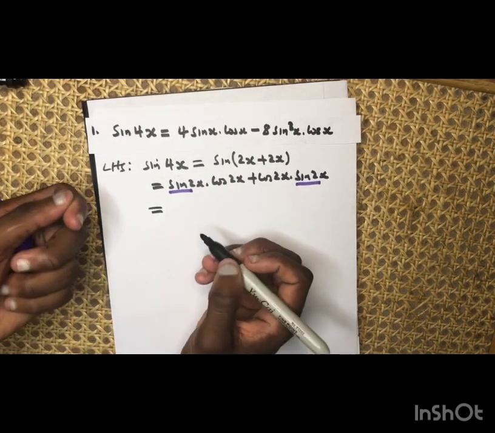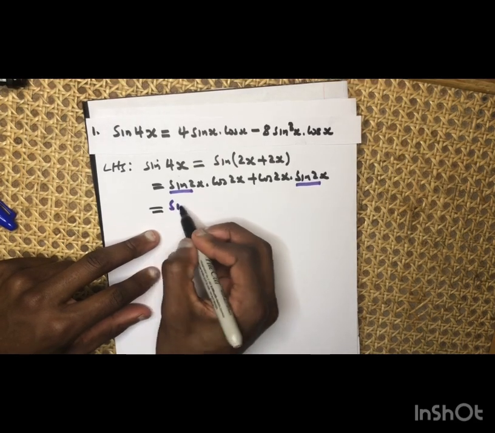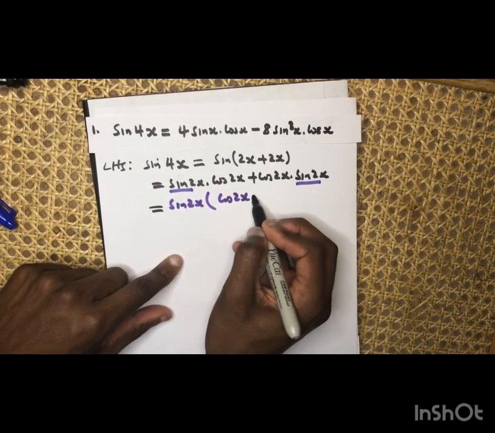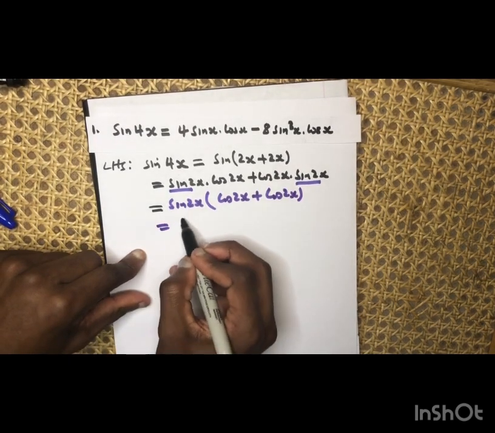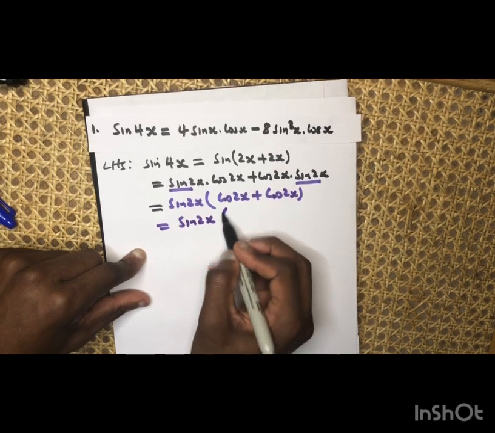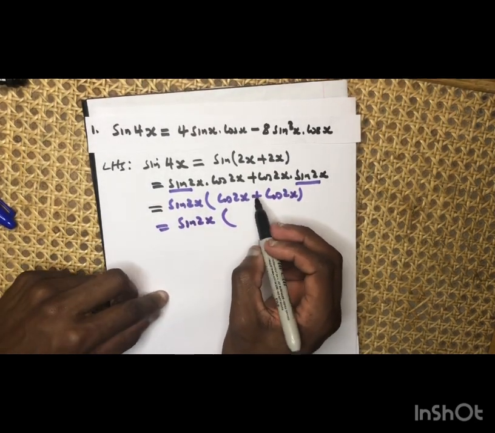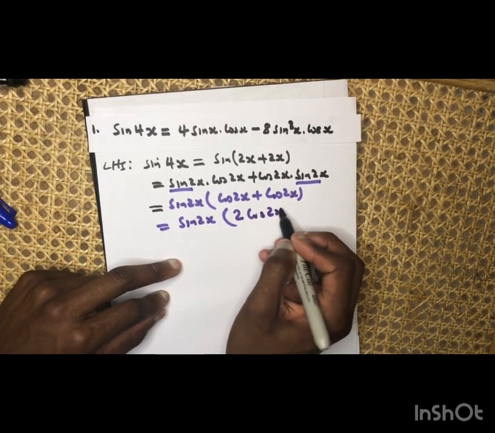Also you can do it another way, an alternative way. So I can take out sine 2x, then I will be left with cos 2x plus cos 2x. So can you see that this is sine 2x, then inside cos 2x plus cos 2x, we're going to get 2 cos 2x.